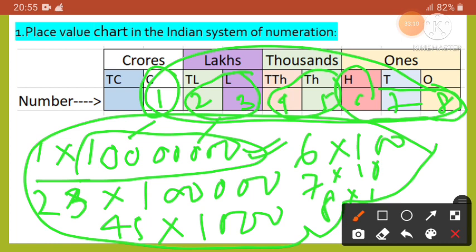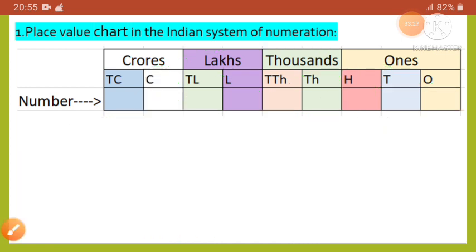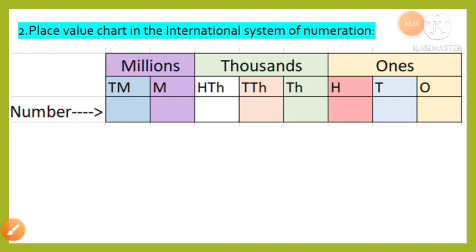And if we have to write in words, we write 1 crore 23 lakh 45,678. Okay, got it?